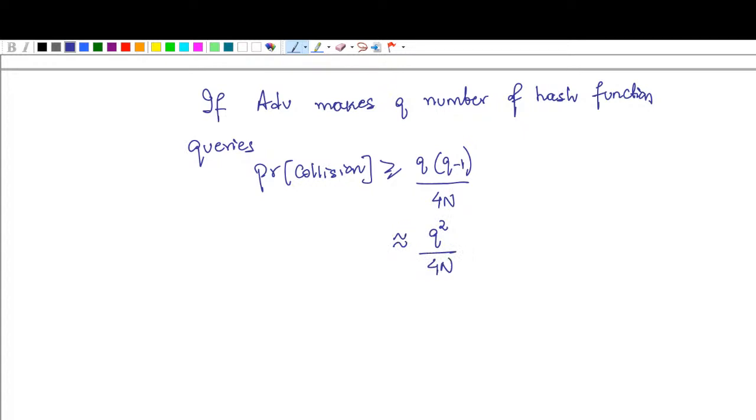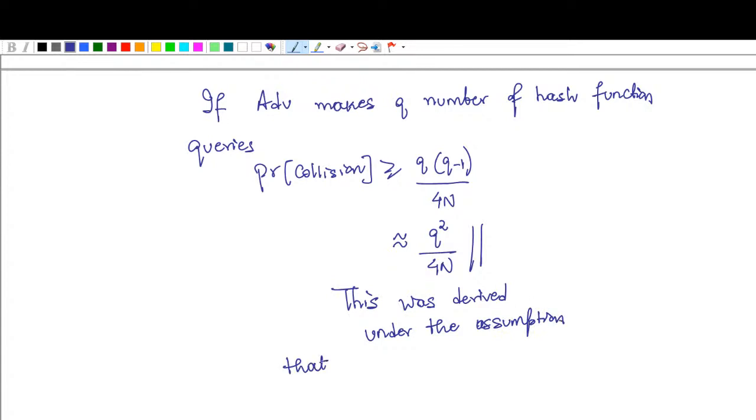This was derived under the assumption that q is less than or equal to root 2n.